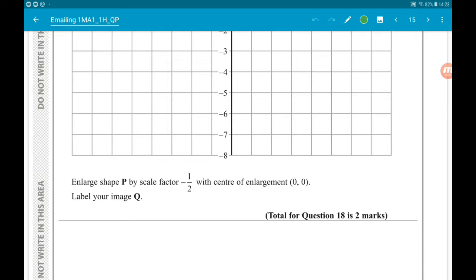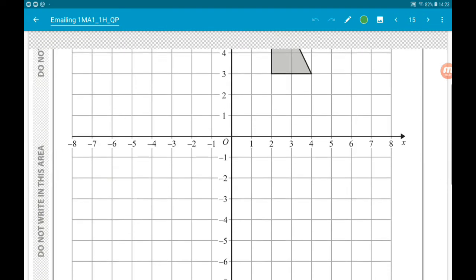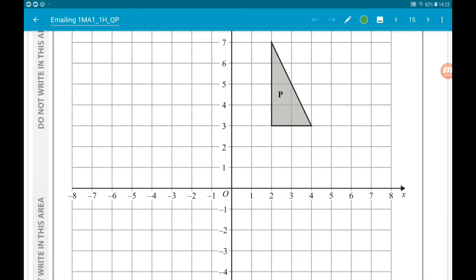So we're enlarging it with a scale factor of minus 1/2 with centre of enlargement O, 0, 0, which is the origin, and label our triangle Q. Okay, so lots of people find enlargements really tricky, which is a shame, but I do think it gets taught in a very strange way. So let's see if I can make this make sense.